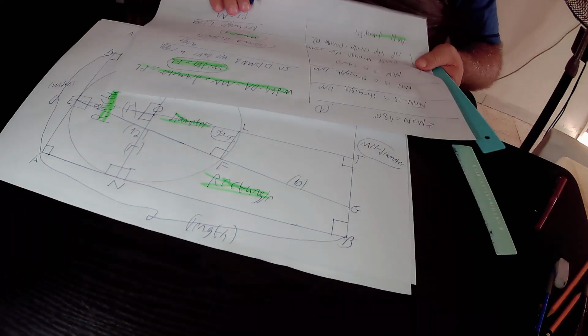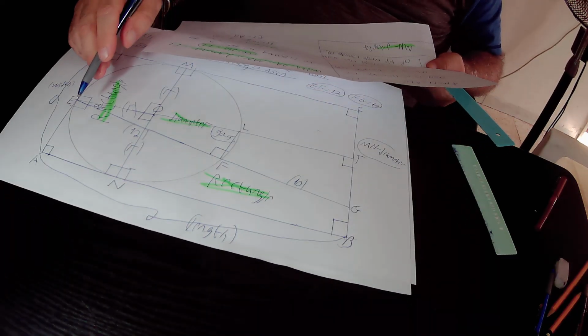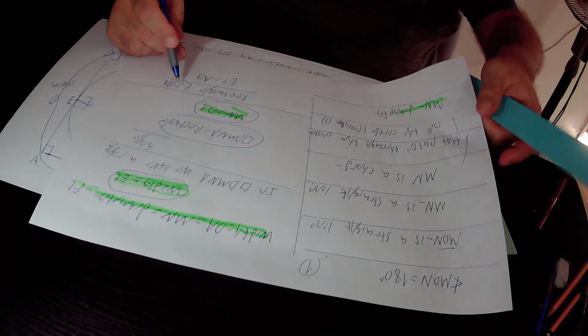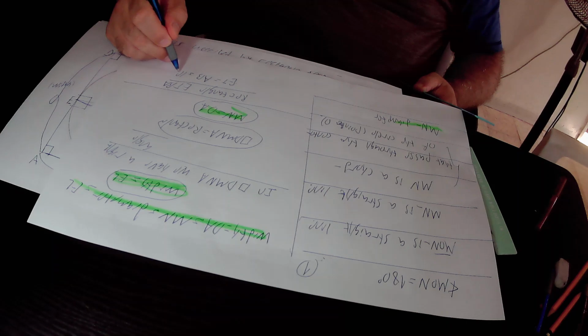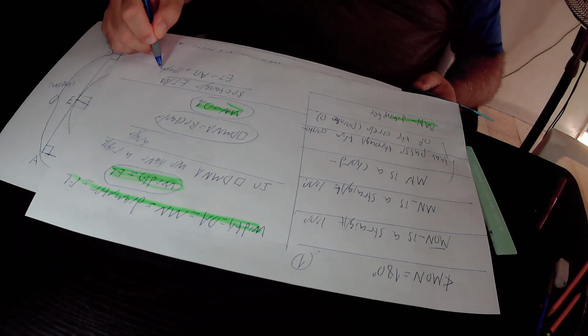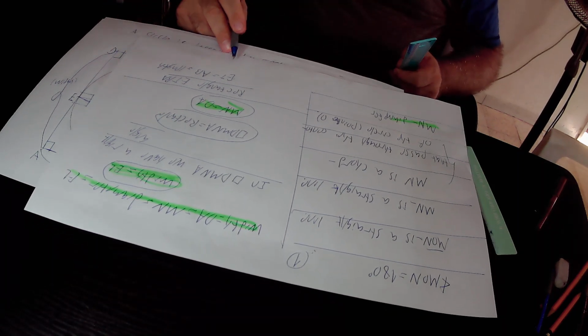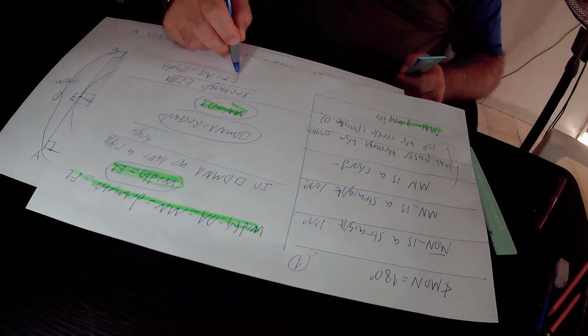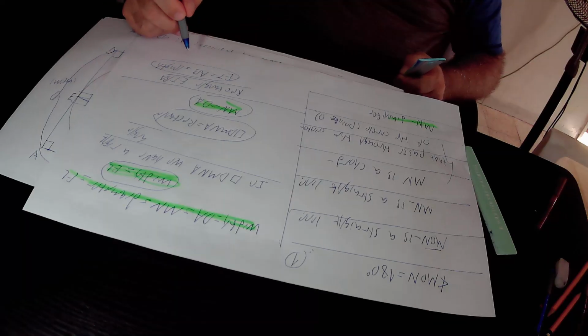But AB, according to our definition, is the length of rectangle ABCD. So imagine that AB is the length. And from this expression, ET equals AB equals the length, we derive that ET is also the length of rectangle ABCD.